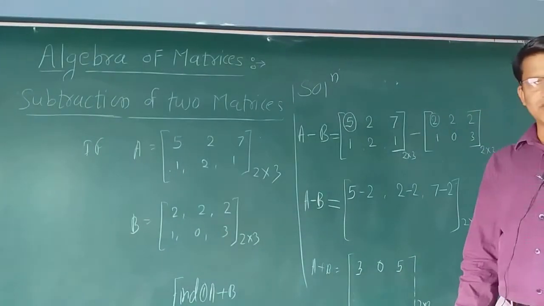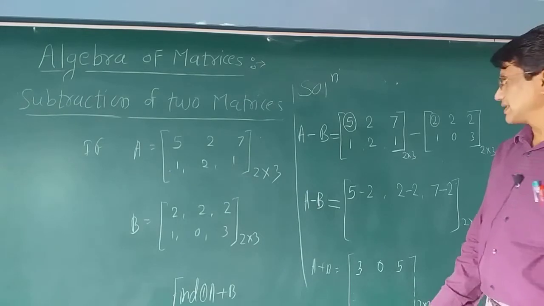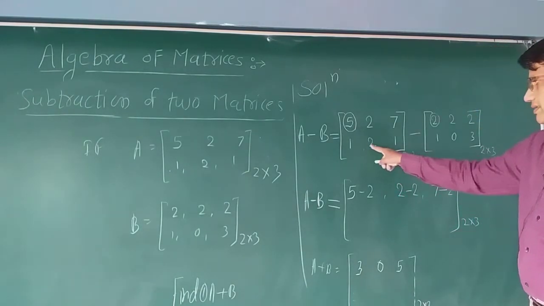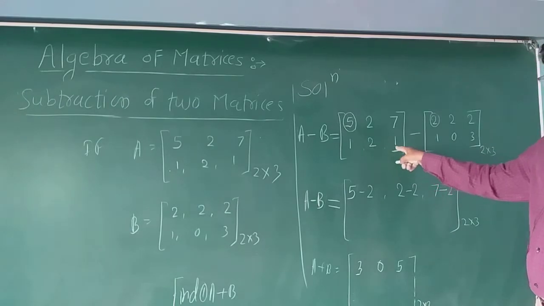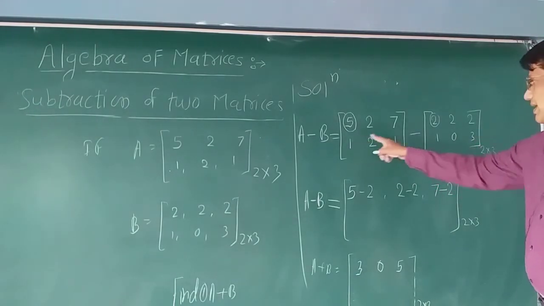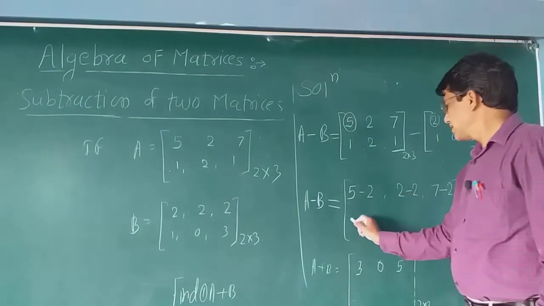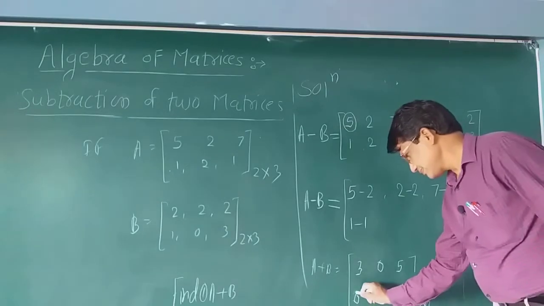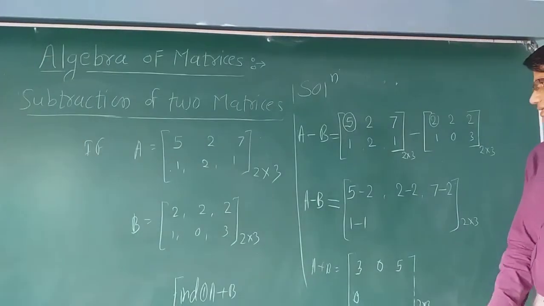This is row number first. Now look here, row number second. Second row: 1, 2, 1 and here 1, 0, 3. So 1 minus 1, answer 0.